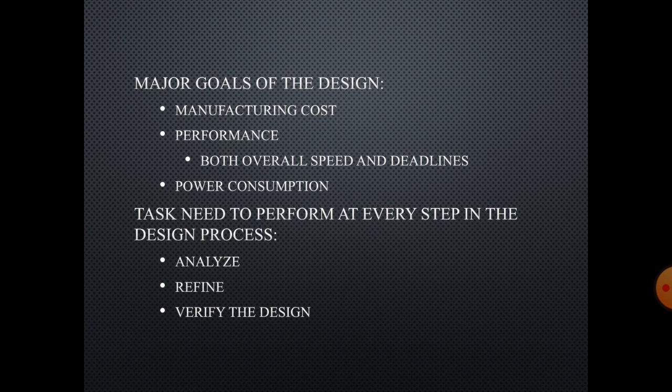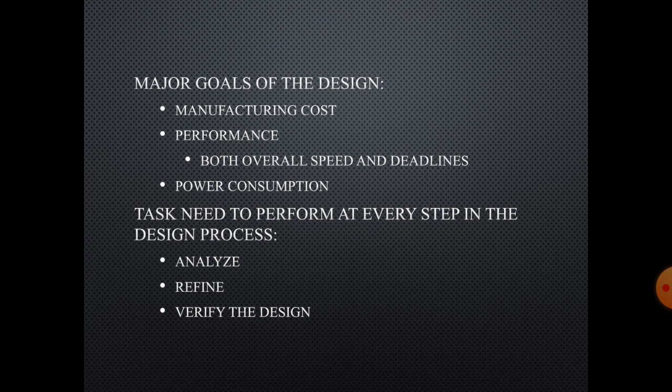That is the performance given by the embedded system to the clients, and it should be up to date, and it should be given in a specific deadline. Power consumption. The embedded system must have low power consumption.